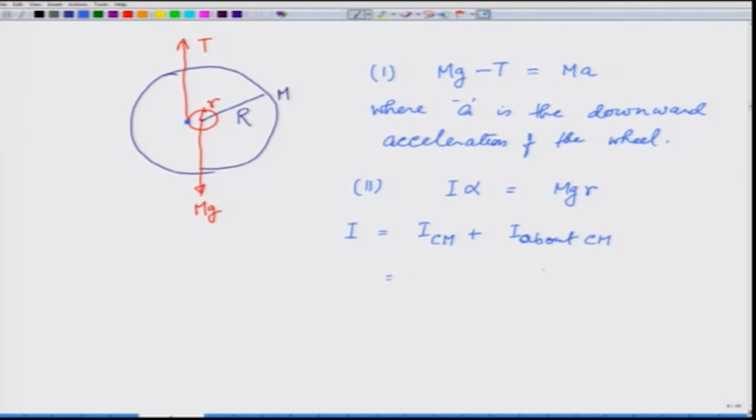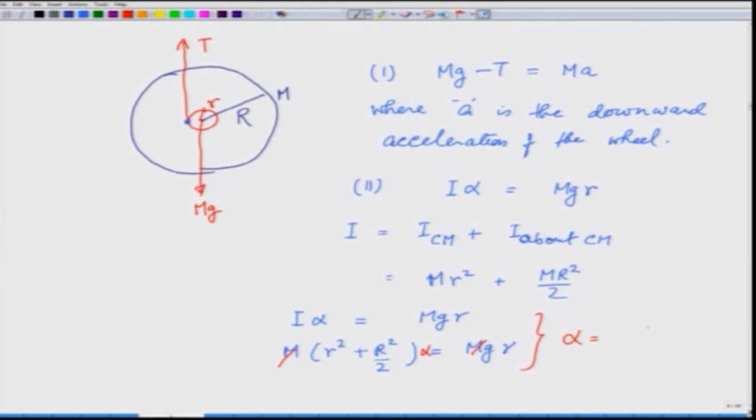So, about the CM, moment of inertia is nothing but m R square by 2, assuming all this wheel is uniform, and of the CM is going to be m r square, and therefore, I am going to have I alpha is equal to mgr, where I is m R square plus r square by 2 is equal to mgr, and these two equations together, therefore, this m cancels, give me, oh, there is an alpha here, alpha is equal to g r divided by R square plus r square by 2, or is equal to g times 2r divided by 2R square plus r square.